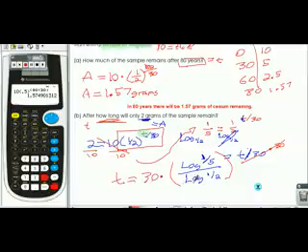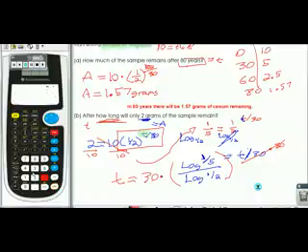I'm going to do my log work first and then multiply by 30. So let's put this into our calculator.